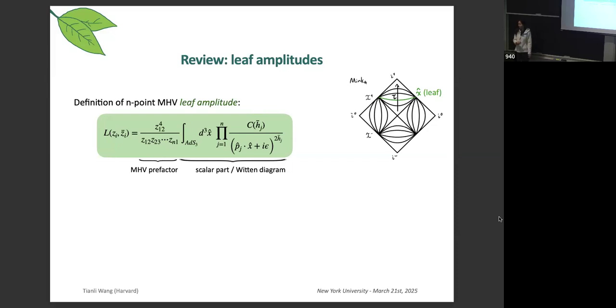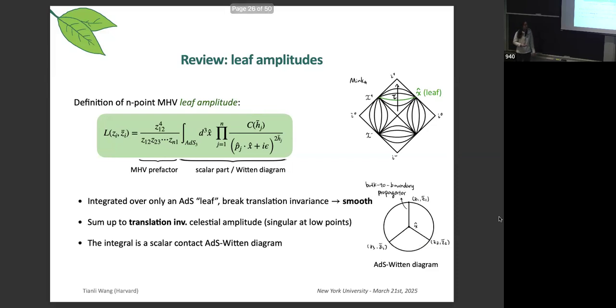Okay, so let me make 3 comments on these leaf amplitudes. First, each of them is integrated over only one ADS leaf, so they manifestly break translation invariance and turn out to be smooth. So that's great. That's exactly what we wanted.